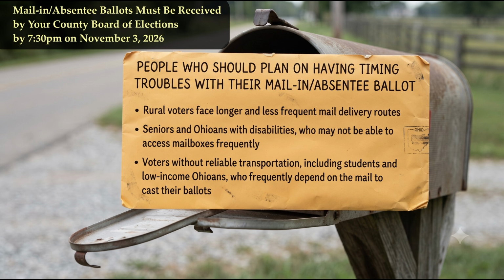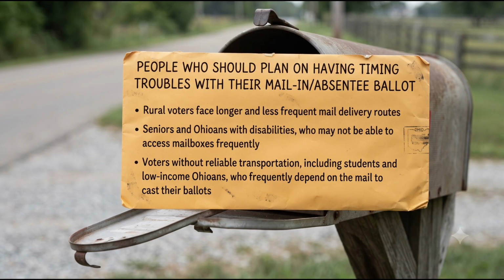Sometimes they're less frequent. Sometimes your mail's a little slow. So you need to plan for that, right? Senior citizens, Ohioans with disabilities, sometimes you don't always have access to mailboxes frequently. And so again, plan on having trouble getting your ballot in on time, which means plan on putting your ballot in a mailbox very early.